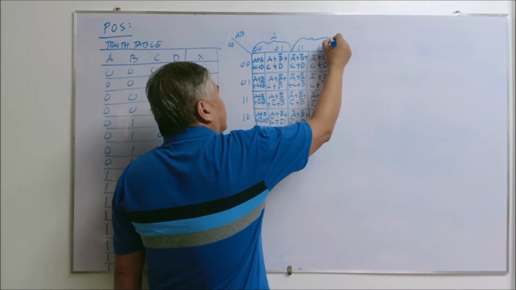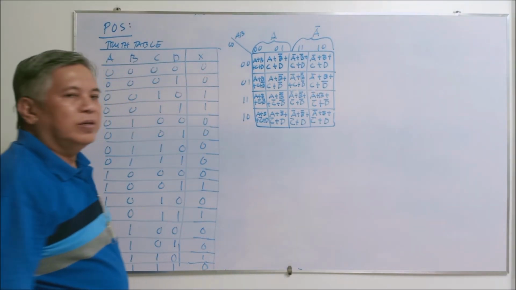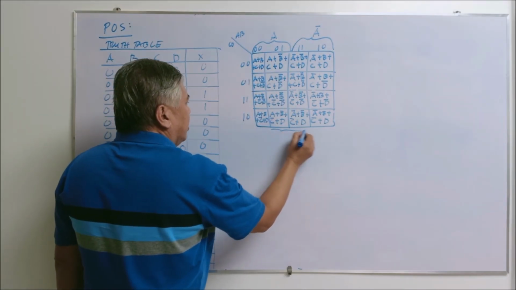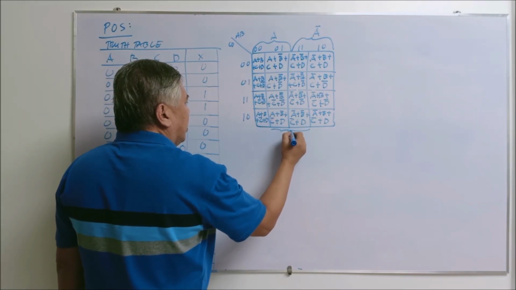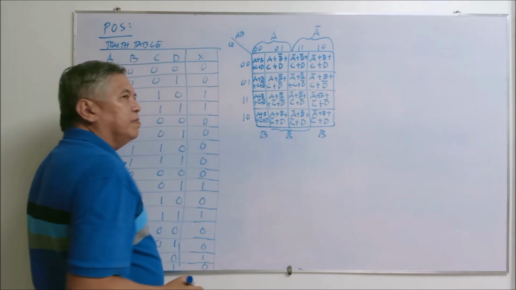In other words, this area here is under A bar. And this one here, the common is B bar, and this area here is B.